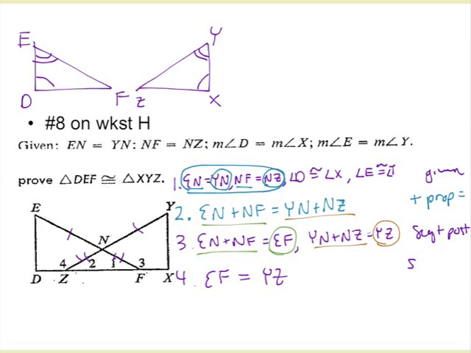Substitution. Because we had some other things that were equal, we could set together equal some new things. And now if we look at our separated picture, EF and YZ are there. So now I can mark those in our separated picture, and now I have 3 things marked, which is the goal.